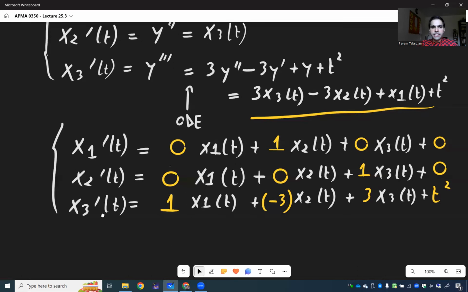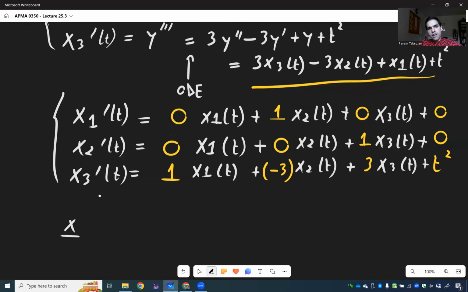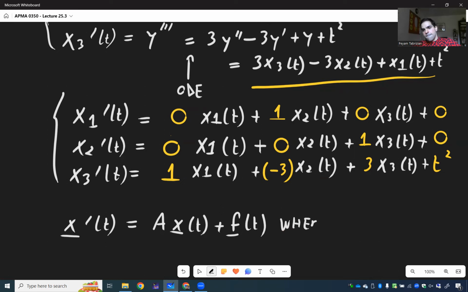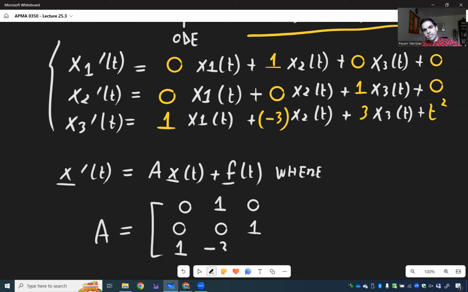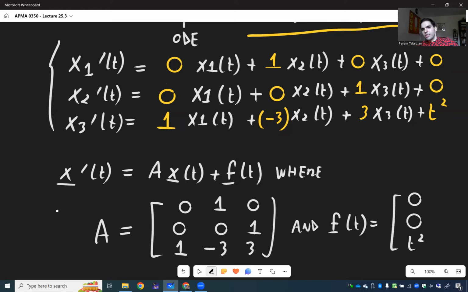So what this gives you in the end, we just have x prime of t equals Ax of t plus f, where A is all those coefficients 0, 1, 0, 0, 0, 1, and 1, minus 3, 3, and f of t is, I think, not 007, but 0, 0, t squared. It's the mathematician cousin of James Bond.